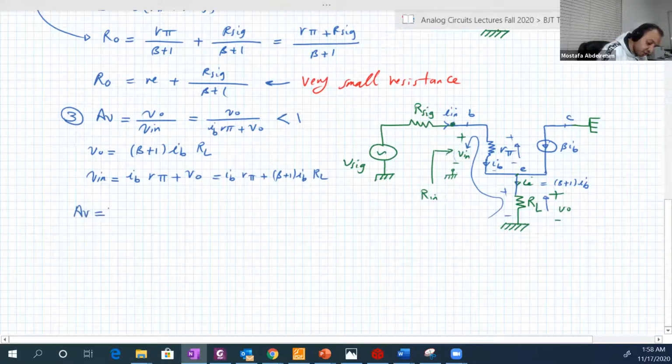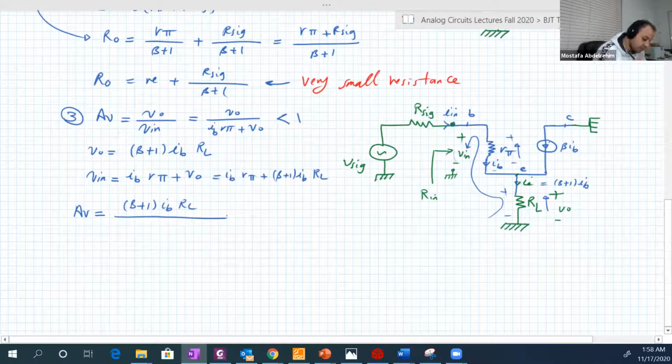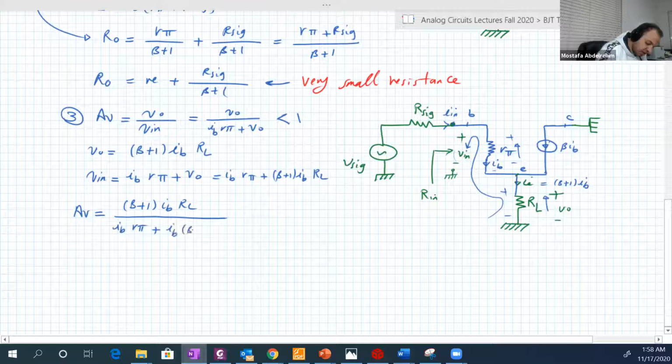AV is equal to VO, which is beta plus 1 IB RL, over the input, IB R pi plus IB beta plus 1 RL. IB, all those guys go together.